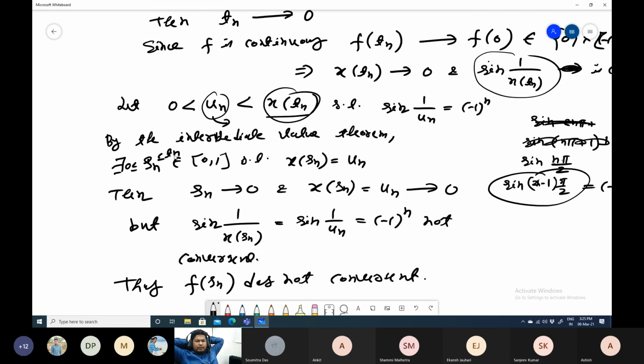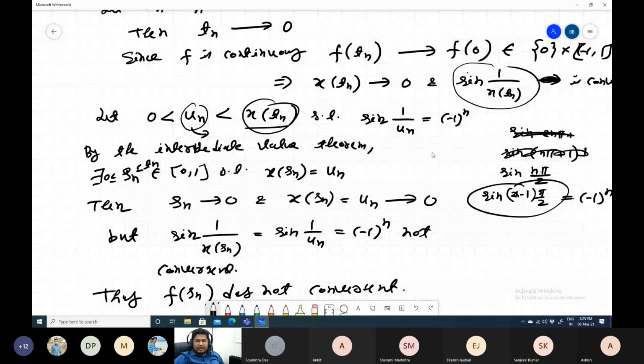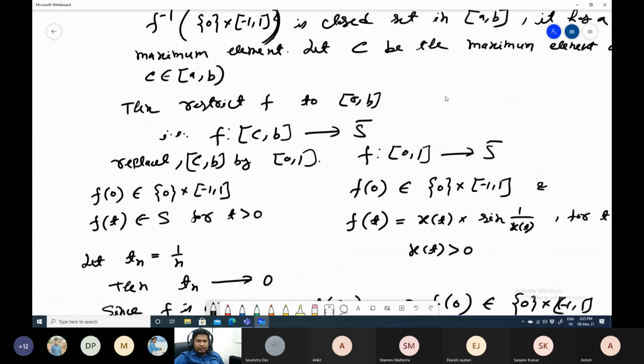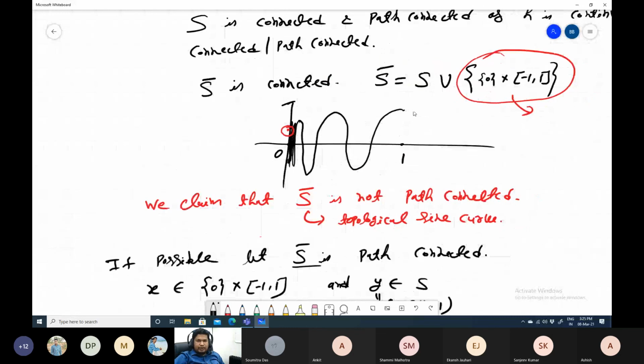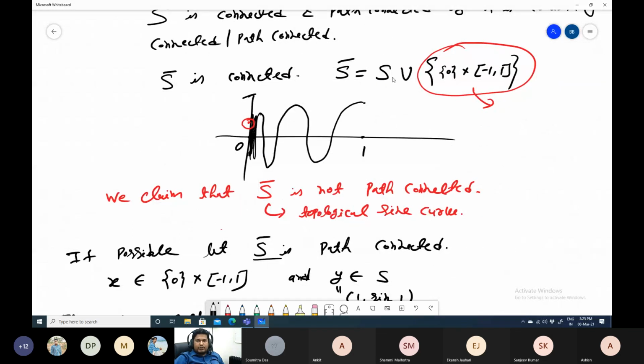Anyway, I know you are lost on this one, right? So I will write the main theme of the proof, and this is also available in the Mooncrest. First of all, we take S and we find S closure. S closure is S union this. Now we take a point X from here and Y from here, and we will prove that there is no path connecting X and Y. First, if possible, there is a path from X to Y. Then we take the inverse image of this set and take the maximum element.